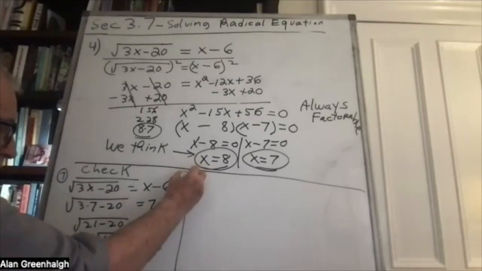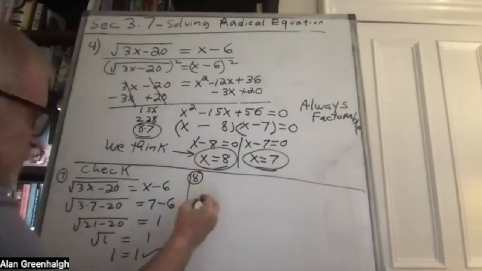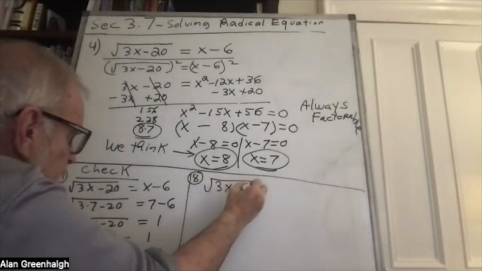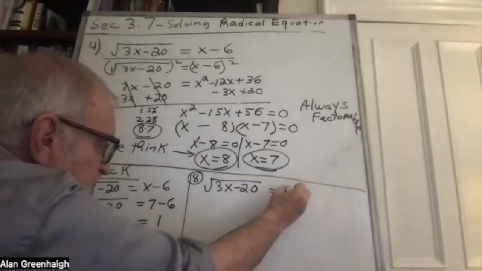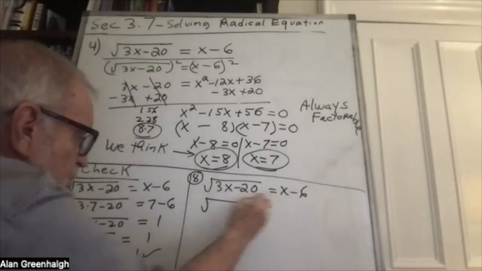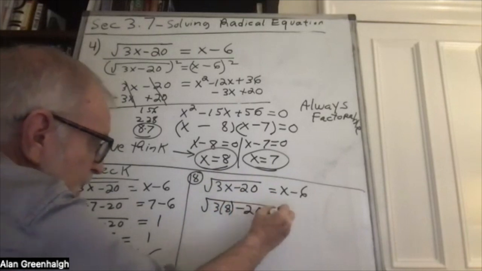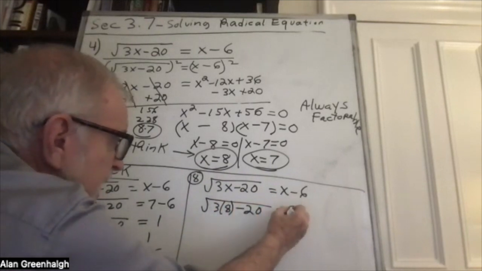And now you go to the 8, and you do the same thing. You write the square root of 3x minus 20 equals x minus 6. The square root of 3 times 8 minus 20 equals 8 minus 6.